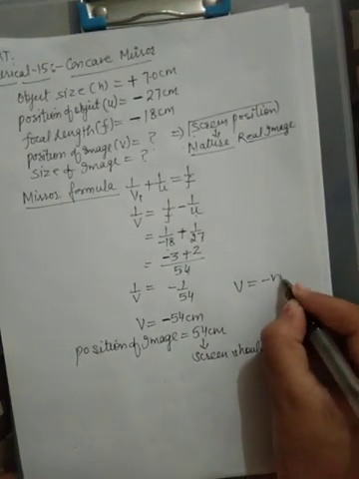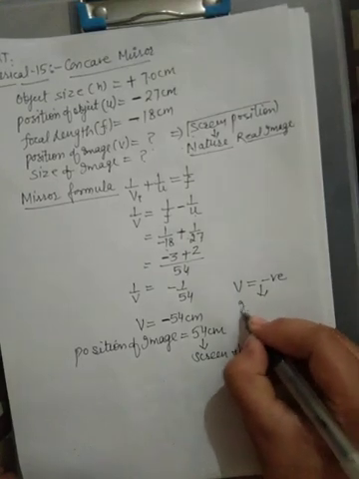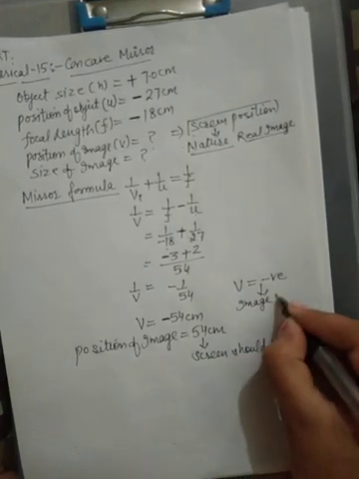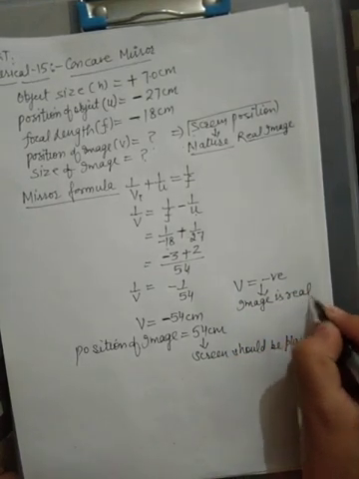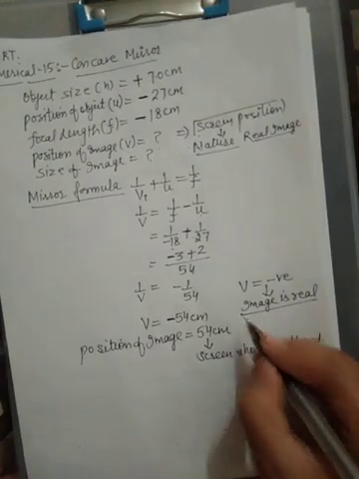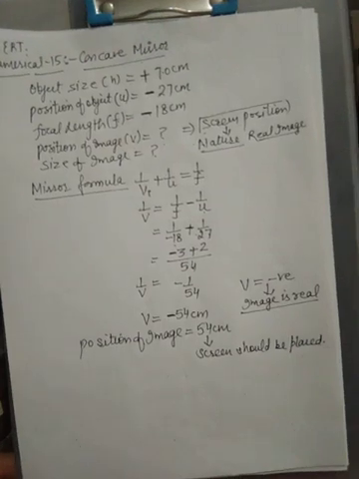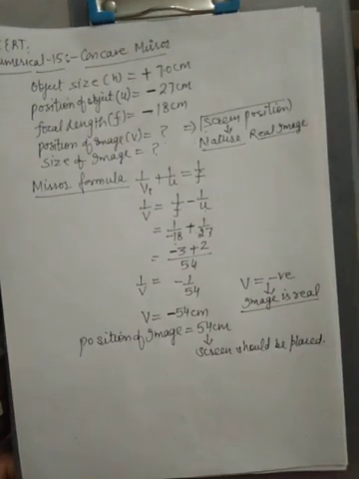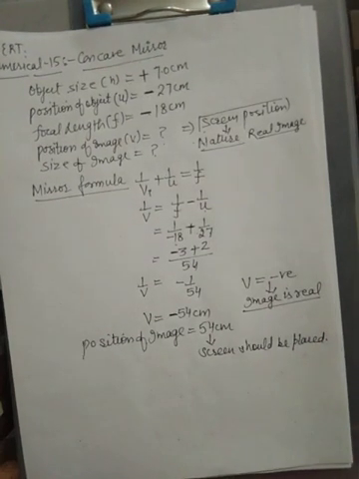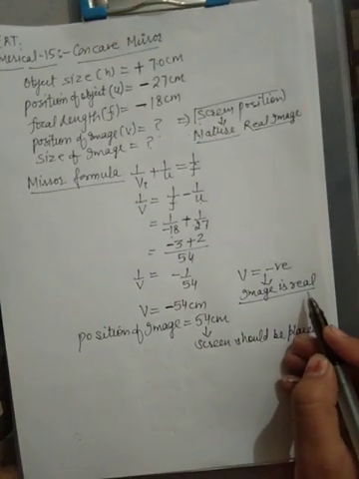V is negative means what? Image is real. In previous numerical, I have taught you that when V is positive, image is virtual. When V is negative, image is real.